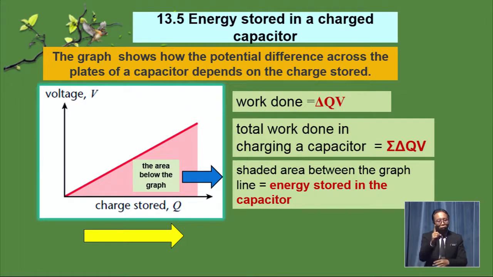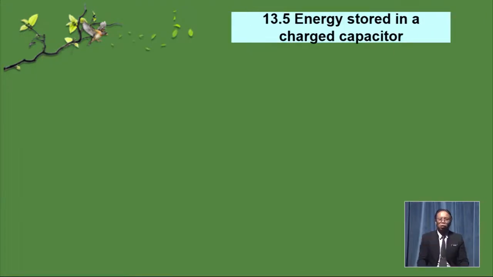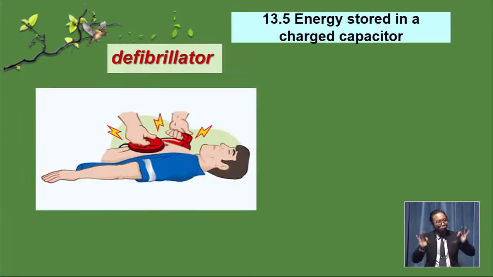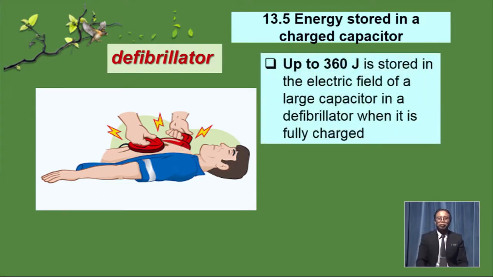One device in which capacitors play an important role is the defibrillator. Up to 360 joules is stored in the electric field of a large capacitor in a defibrillator when it is fully charged.